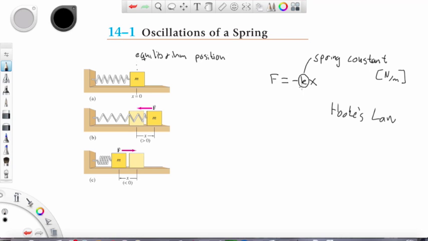So the dependence is linear, and this is kind of intuitive. So if you think about stretching a spring, first it is easy when the displacement is small, but if you have to stretch it a lot, you will require more force.